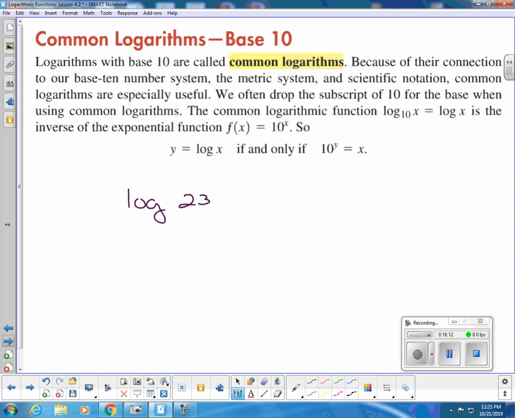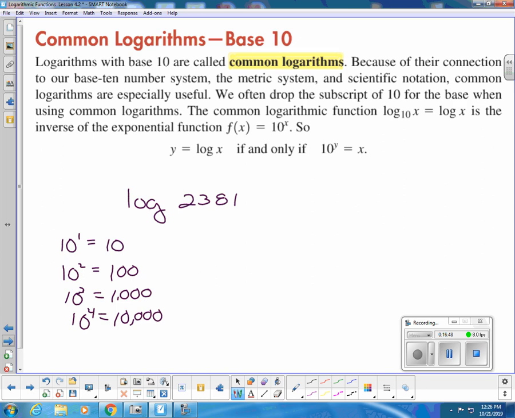I want you, without your calculator, to estimate what is the log of 2,381. So let's think about it. This is base 10. So 10 to the first power is 10, right? 10 to the second power is 100. 10 to the third power is 1,000. 10 to the fourth power is 10,000.